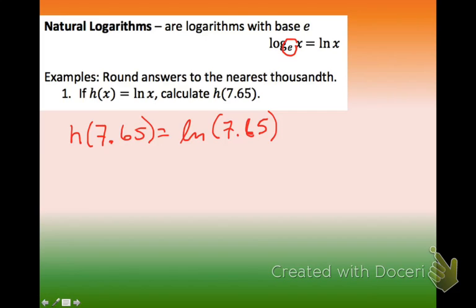And I'm actually not going to calculate that for you right now. I want you to do that when you get into class first thing tomorrow. I want you to get out a calculator, plug in ln of 7.65, and round to the thousandths place, which is 3 decimals. But again, it's just put it in your calculator.